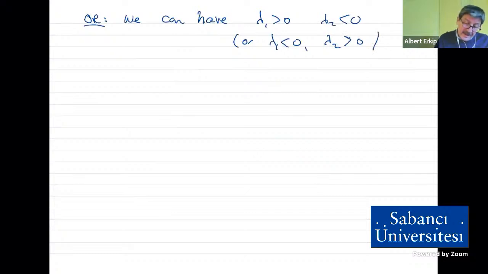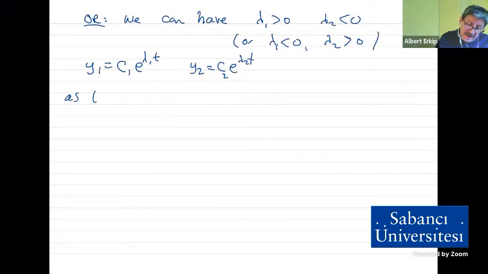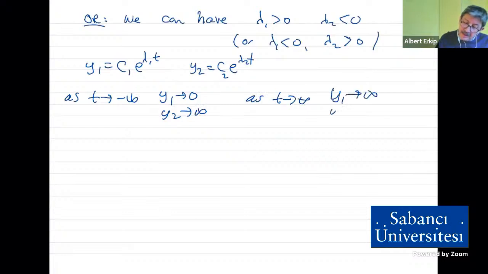Then, in that case, y1 is c1 e to the lambda 1 t, y2 is c2 e to the lambda 2 t. So now as t goes to minus infinity, y1 goes to 0, but y2 goes to infinity. And as t goes to infinity, this time y1 goes to infinity, but y2 goes to 0. So the signs are different.